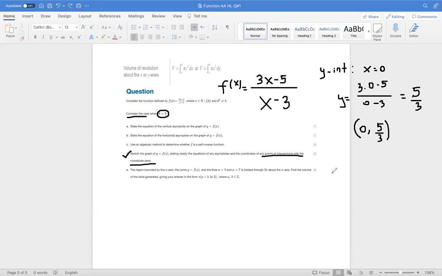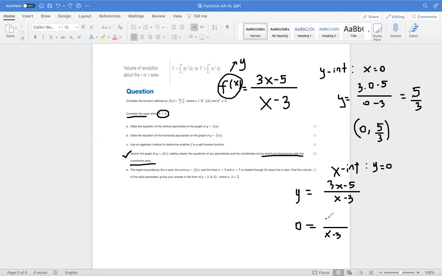Now, y-intercept is done. Now let's try to get the x-intercept. When we try to get x-intercept, y equal to 0 this time. So y is the same as f of x. As it is in terms of x, it is called f of x, but we can consider f of x as y. So my y equal to 3x minus 5 over x minus 3. If y equal to 0, then 0 equal to 3x minus 5 over x minus 3.